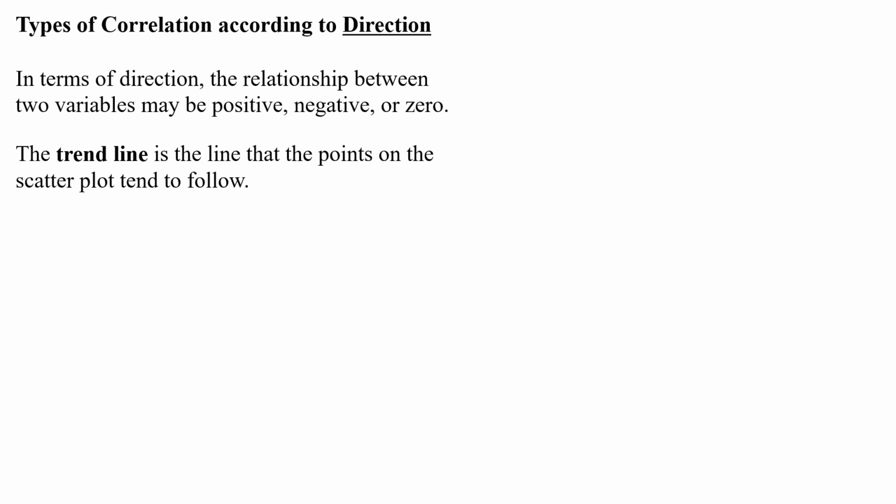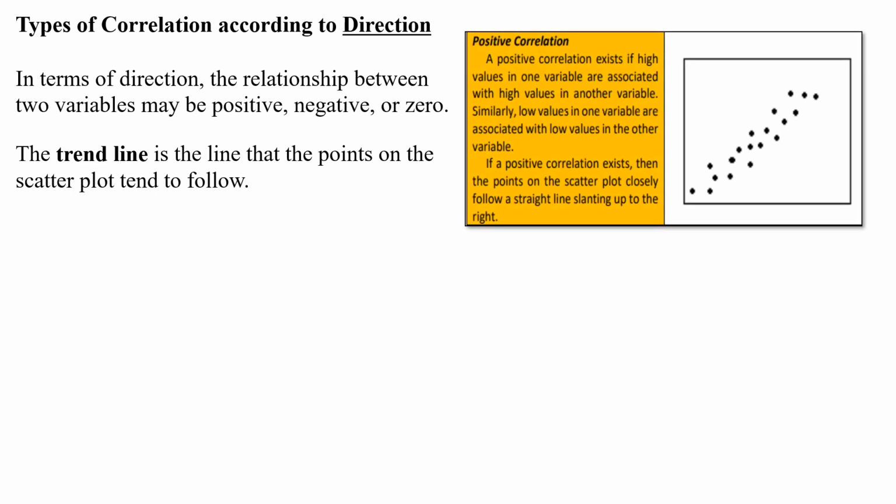Okay, so yung first type of correlation is the positive correlation. It exists if high values in one variable are associated with high values in another variable. So dito, ibig sabihin, kapag mataas yung unang variable, yung pangalawang variable niya is mataas din.